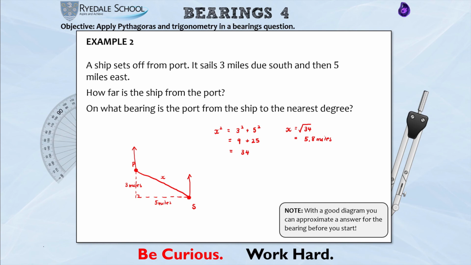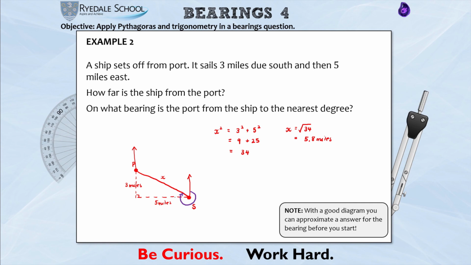So it is asked, what is the bearing of the port from the ship? So I'm starting at the ship, so I need to go clockwise around my north line. So that is all the way around and in that direction. So that is beyond 270 and a little bit more.